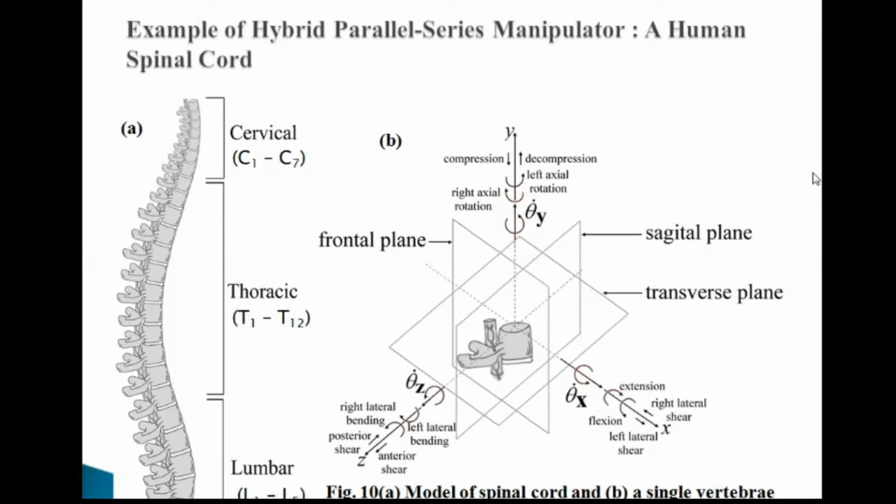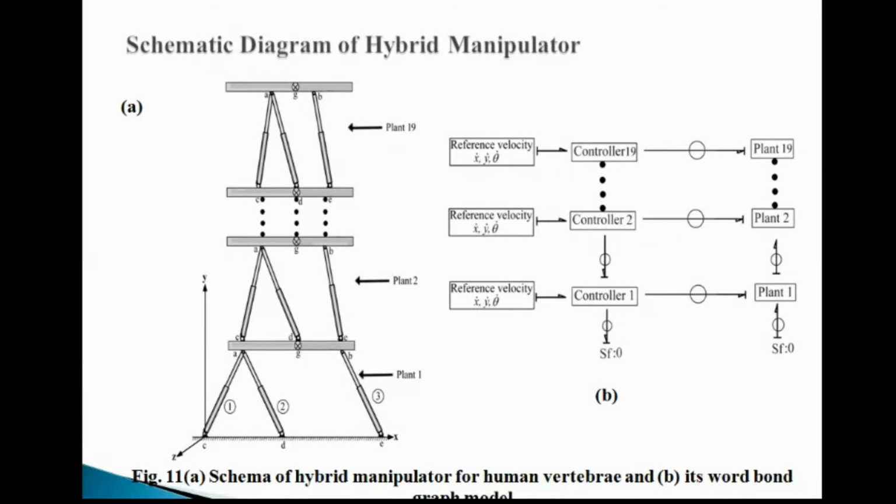So the motion considered in my case is translation on the frontal plane with right and left lateral bending about the z-axis. This is the schematic diagram of the hybrid manipulator where I have considered 19 vertebrae for the simulation.